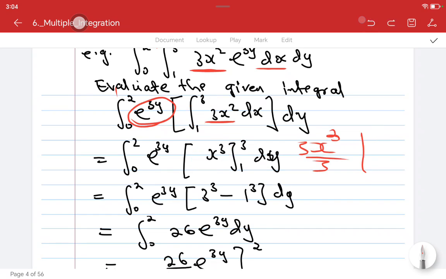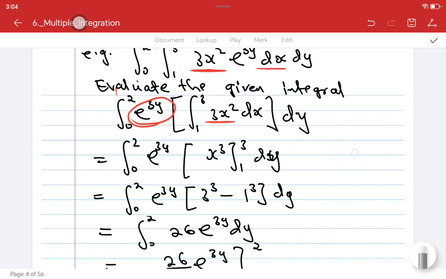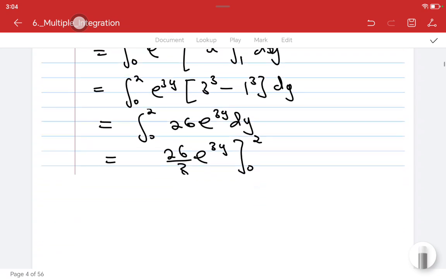So I believe that with this, everyone knows how to integrate. The first part was just showing you how to treat this as a constant. Now, when we come to this, we're going to have this case. First I would take out 26, from 0 to 2, I'm left with e to the 3y dy.